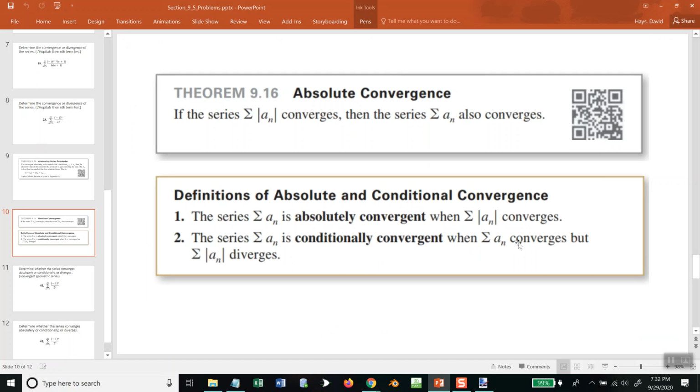Okay, so we just said that the summation of the absolute value of a sub n converges, didn't we? So that means that our series without the absolute value is absolutely convergent.